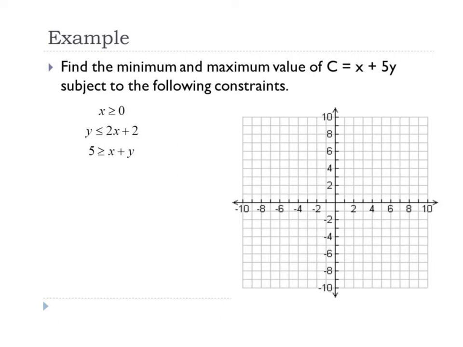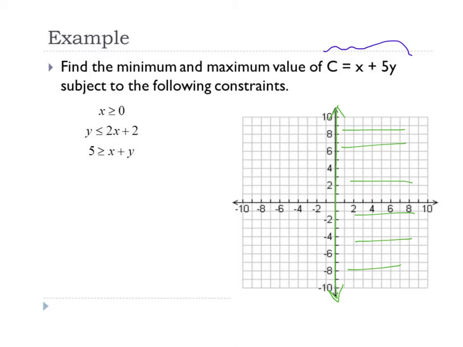Okay, find the minimum and maximum of my objective function. So the first thing is graph the constraints. So x equals 0 is this line here, and x is greater than 0, we're going to the right.